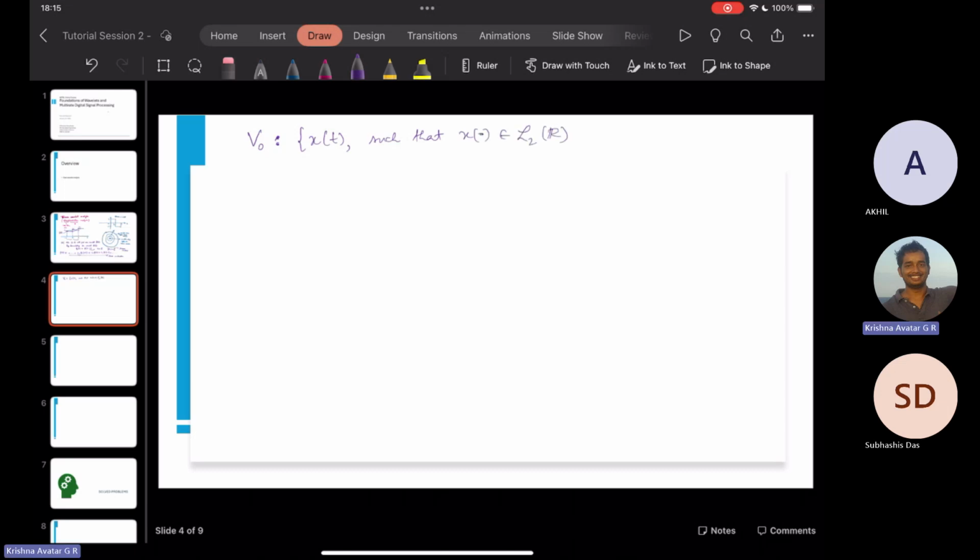This implies that it's a square integrable function, implying that the integral of the square of the function over any length is always bounded. And we have x of t is piecewise constant on all intervals (n, n plus 1), and n is an integer.